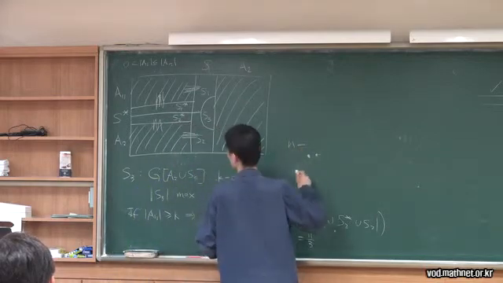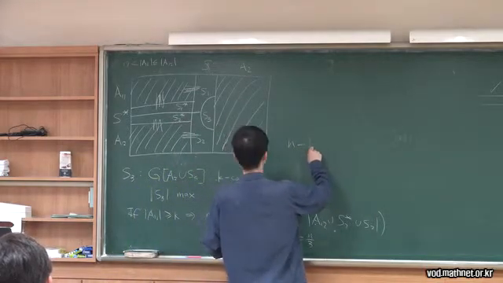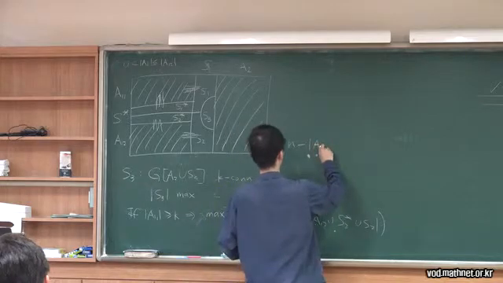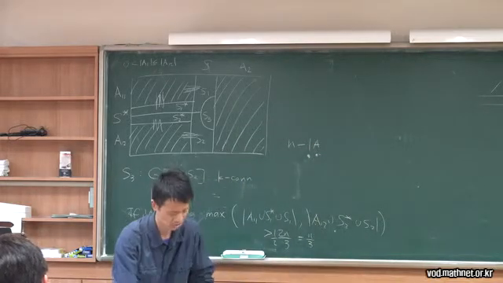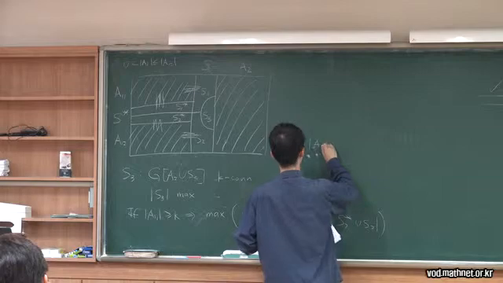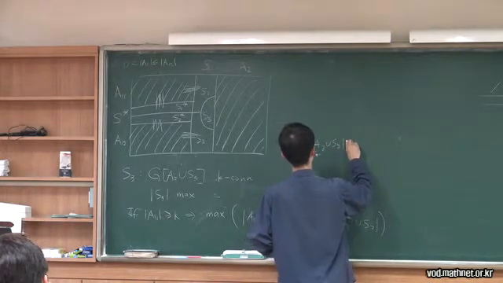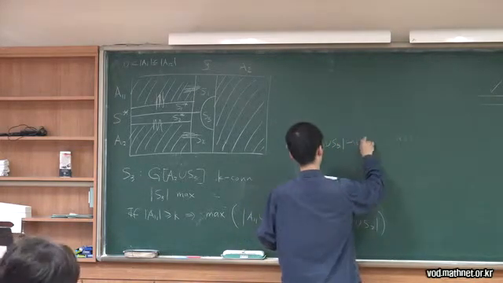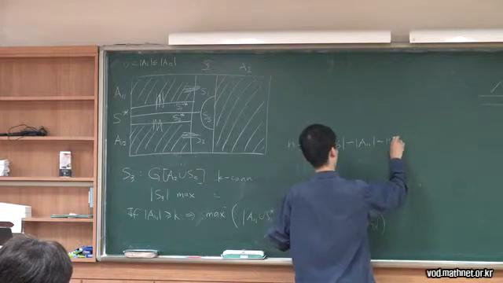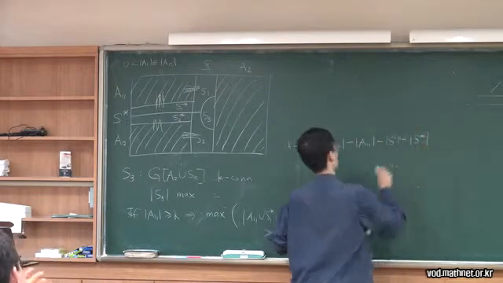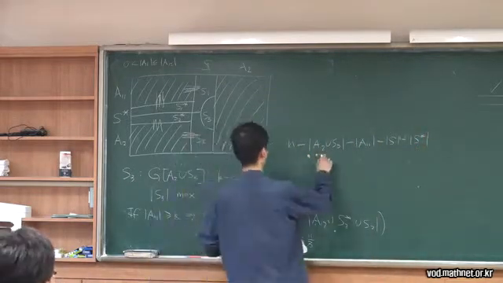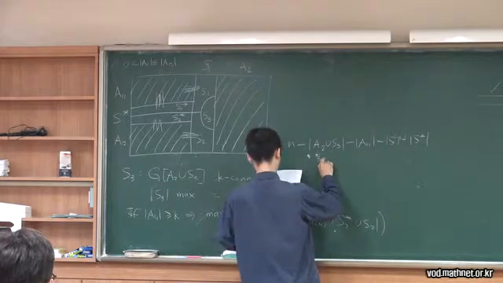So n minus a. What did I do? So n minus a2. Right, so this is 2/3.